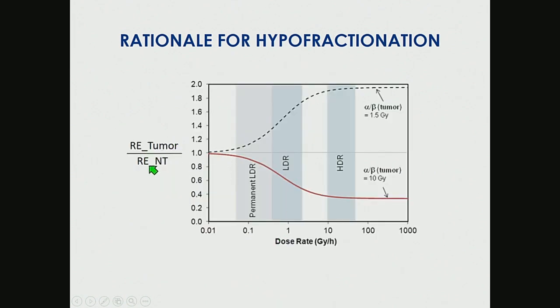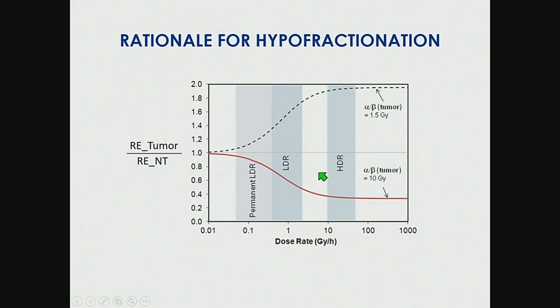And this is a plot of the ratio of the relative effectiveness of the tumor relative to a normal tissue with the alpha beta ratio assumed to be 3. So in the case of a typical tumor, you have a loss of therapeutic ratio as you increase the dose per fraction of the dose delivery. On the other hand, for a tumor with a small alpha beta ratio, you have an increase in the therapeutic ratio.